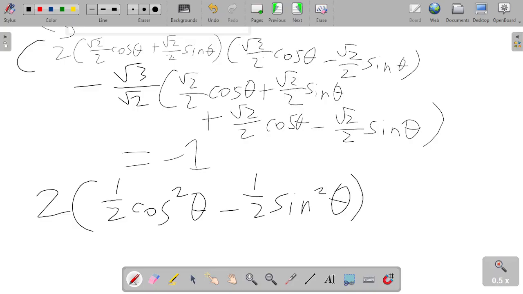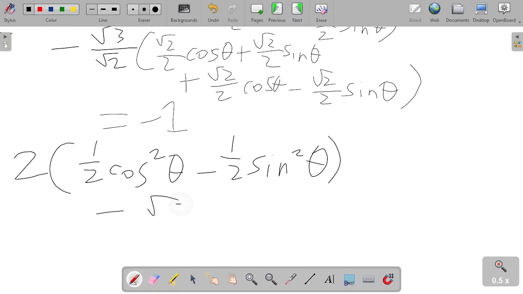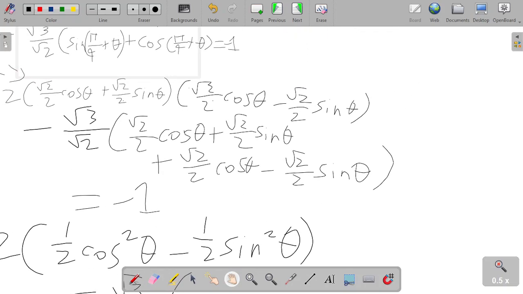Minus radical 3 over radical 2 bracket. Now here you can see that we can cancel radical 2 over 2 sine theta with negative radical 2 over 2 sine theta.